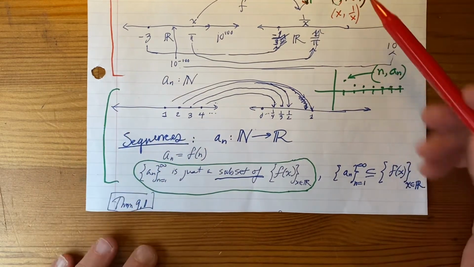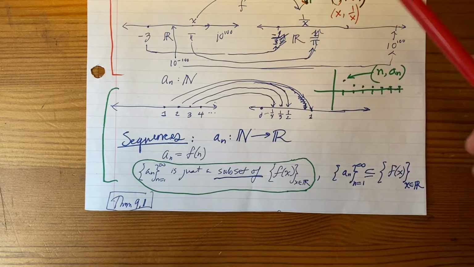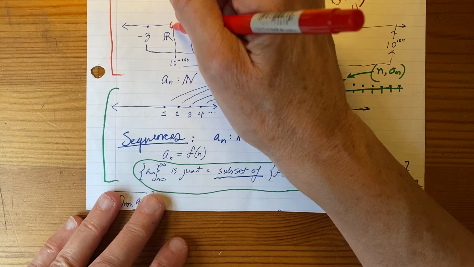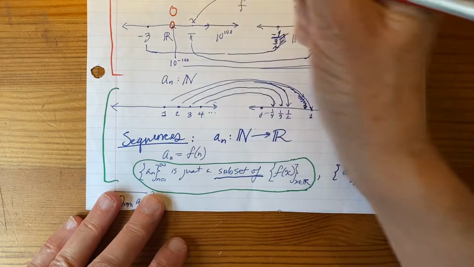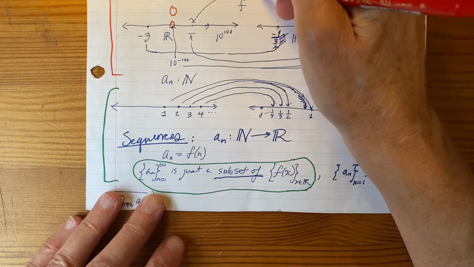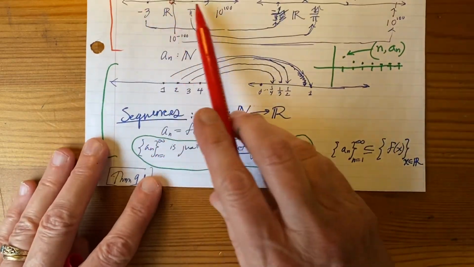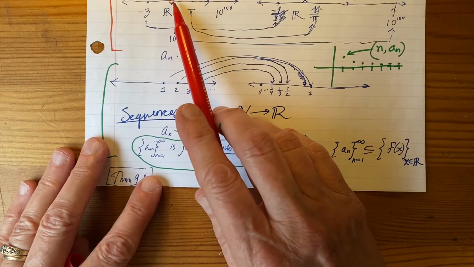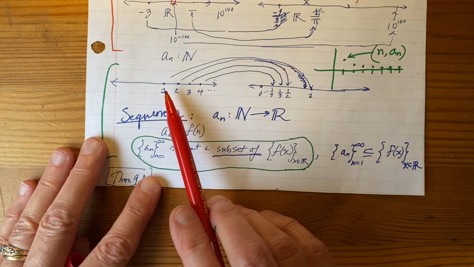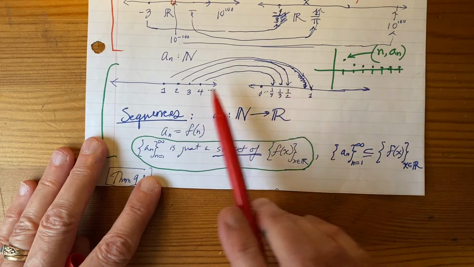And now if instead of allowing x to be any real number in the domain of the function, so back over here we would have a big hole at 0, because that's not in the domain of f of x equal to 1 over x. But if we took, instead of mapping the whole non-zero real line over to the reals, if we just examined it at the positive integers and looked at their images.